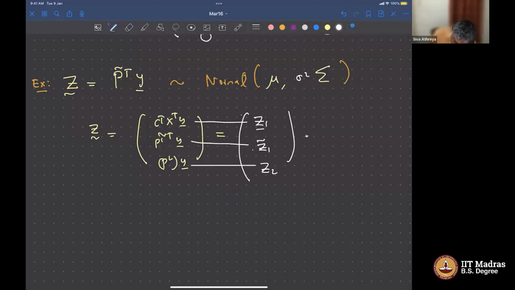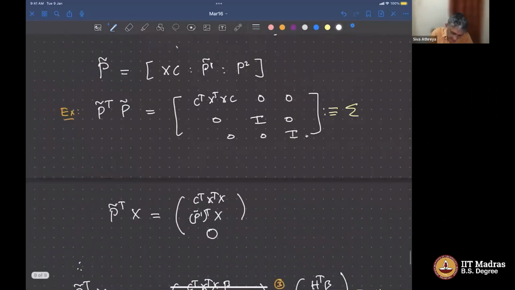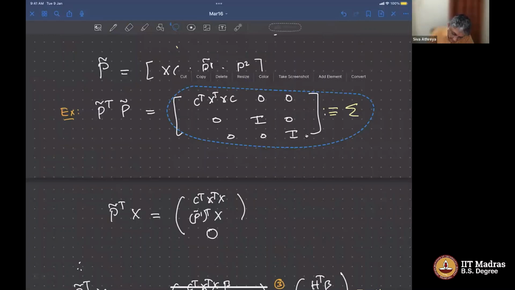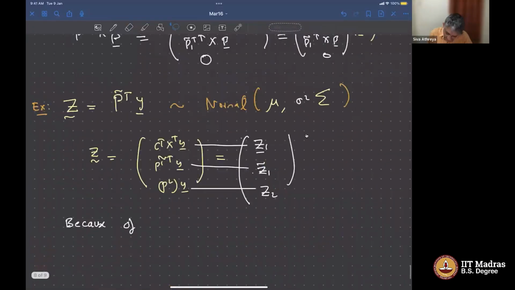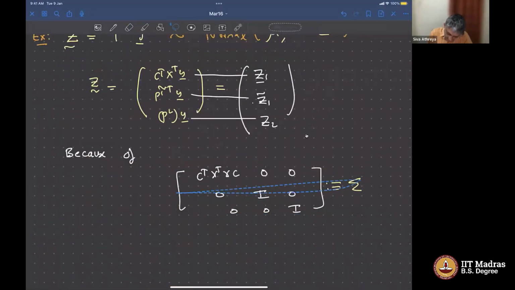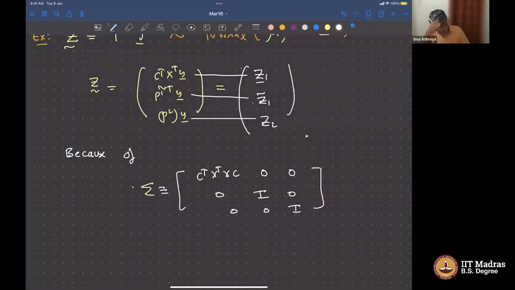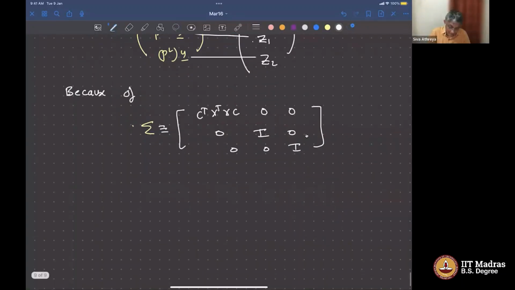Now, because of the structure of sigma, let's copy sigma equal to this. What do you know? You know several things.